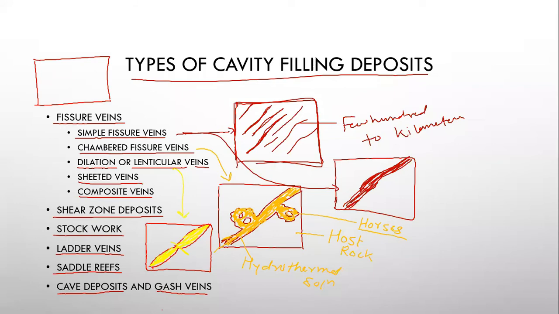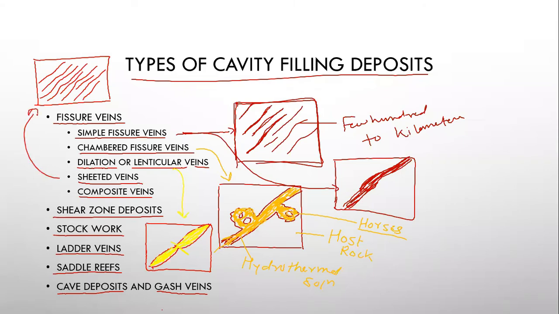Sheeted veins are a group of closely spaced parallel veins. Closely spaced parallel veins means what? So here you can see closely spaced veins will be there. In these very closely spaced veins, the solution will deposit, and this type of vein deposits are nothing but sheeted vein deposits.